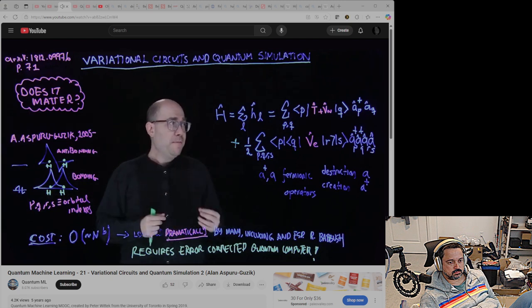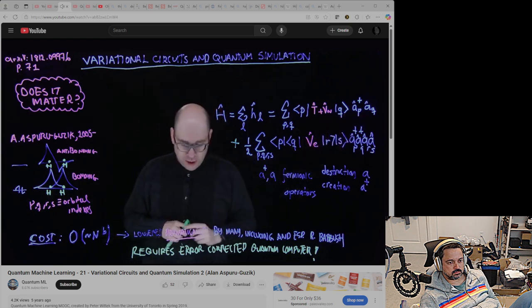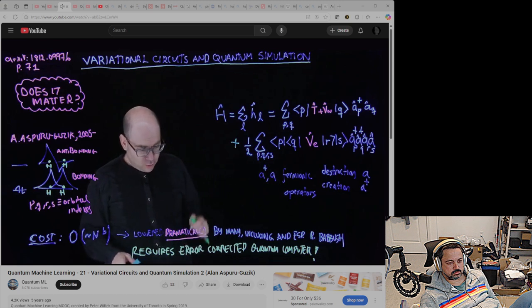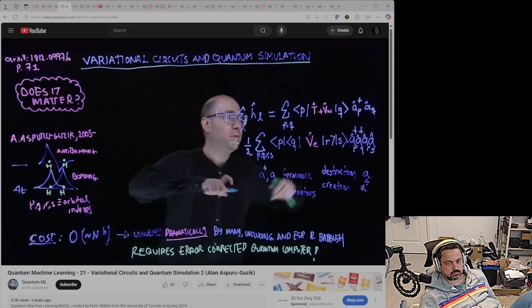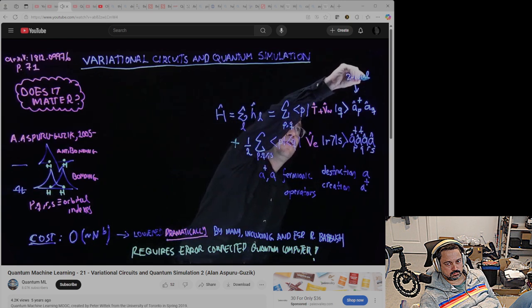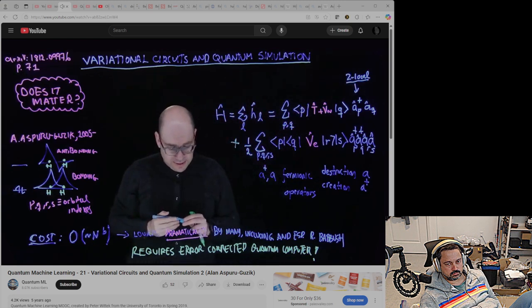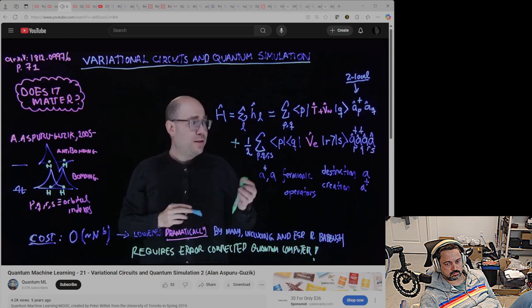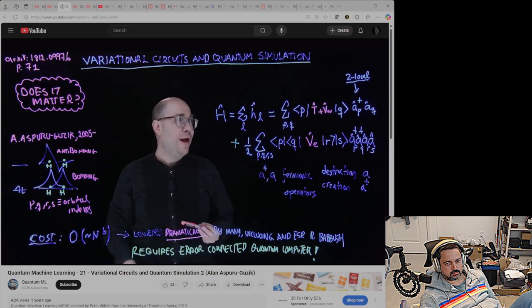So what is the energy? First of all, this two local term, because it involves two fermions. So it's two local in the fermionic sense, and is related to what we like to call in chemistry the two electron integrals.